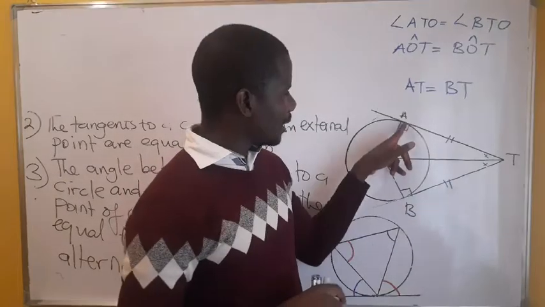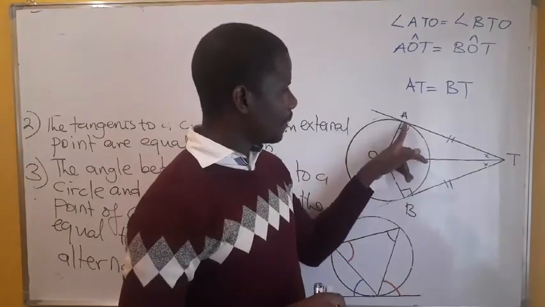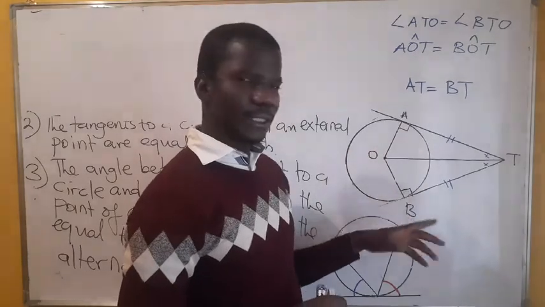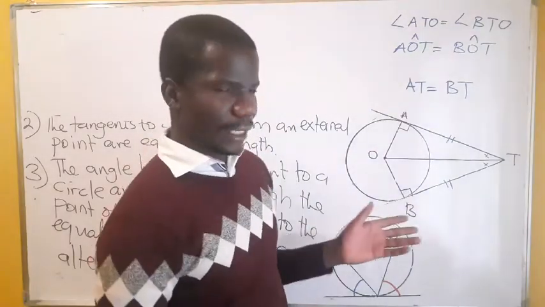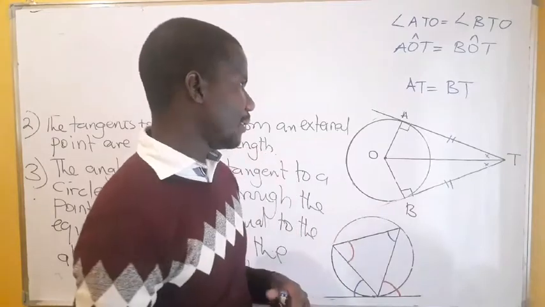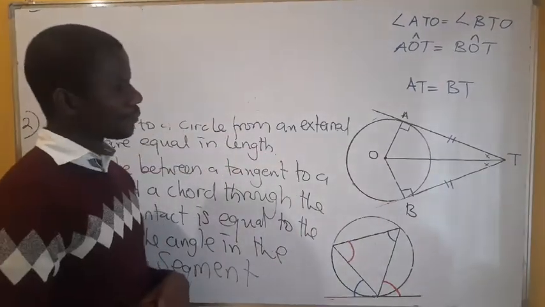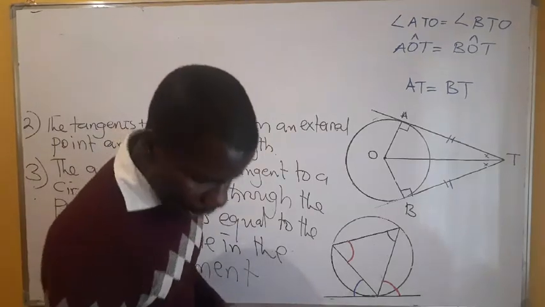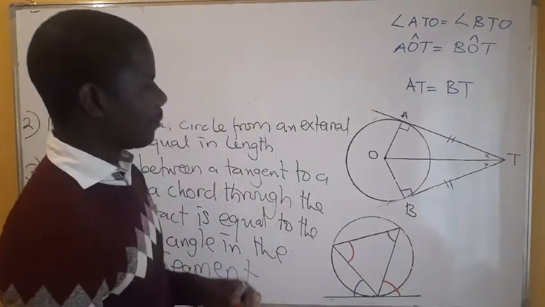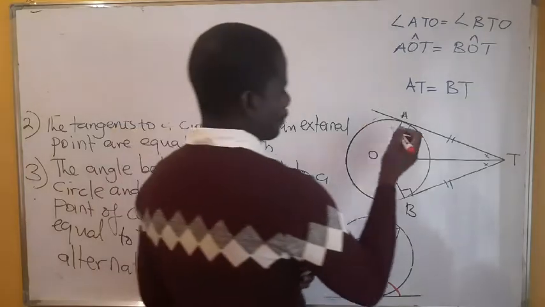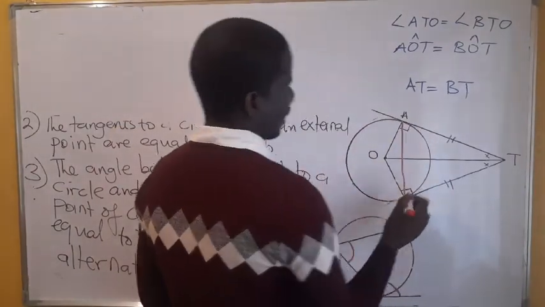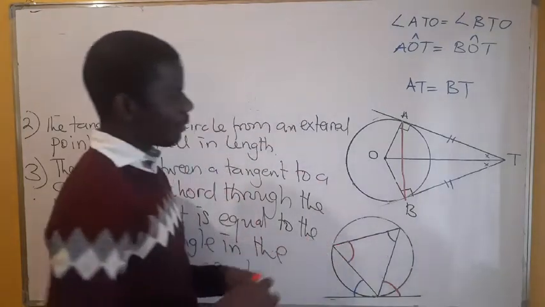Take note also that here we've got a concept. We have got 90 degrees, even this one we've got 90 degrees, which is a build-up from what I presented in the first theorem. So, if I can use this same diagram, let's say we have a straight line here, which you are going to find in other questions.